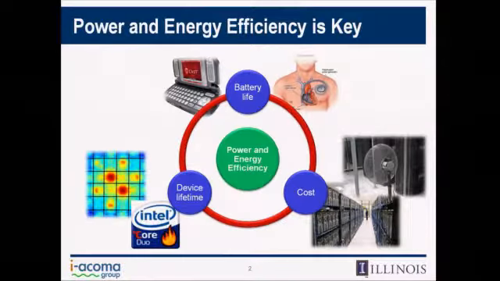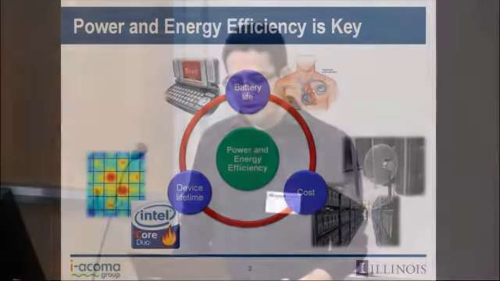Here I'm going to start by looking at the significance of power and energy efficiency. As you know, improving energy efficiency has many implications. The first thing is there are many devices that are battery operated, and they are becoming more and more popular, such as PDAs, laptops, and medical devices.